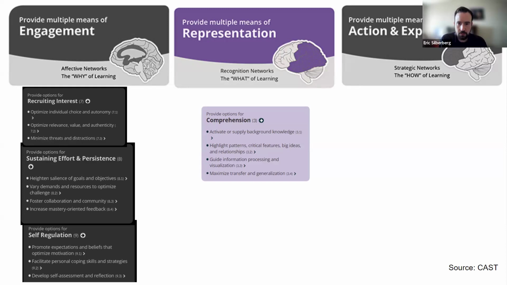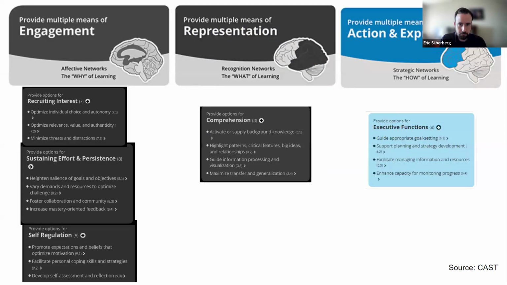And the last, talking about providing multiple means of action and expression. Here we're talking about the how of learning. And executive functioning is one way that, and Jennifer will elaborate more on this too.